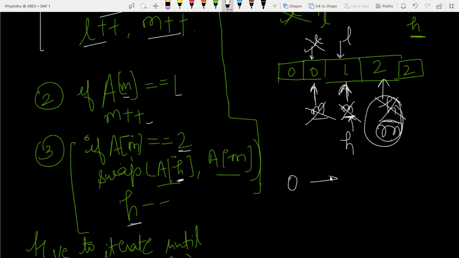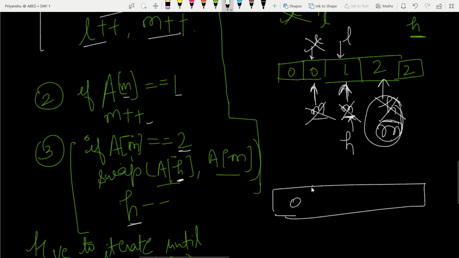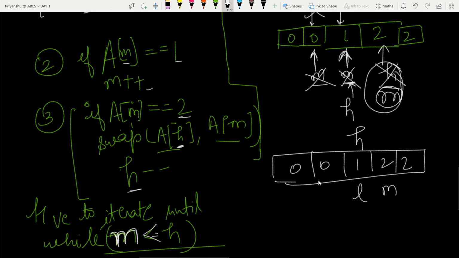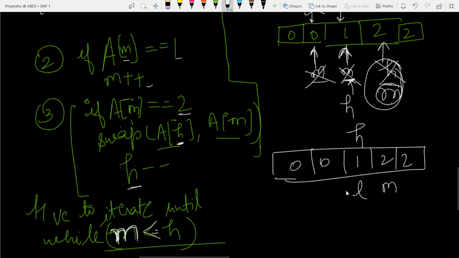So every element from 0 to L minus 1. The current condition of the array and the pointers are: we have 0, 0, 1, 2, 2. L is here, H is here and M is here. Okay, so all the elements from 0 to L minus 1 are 0.